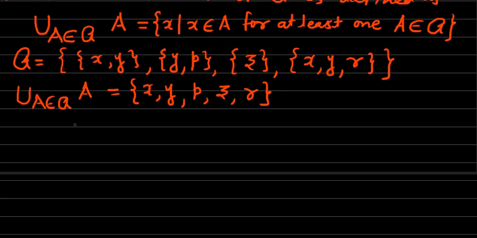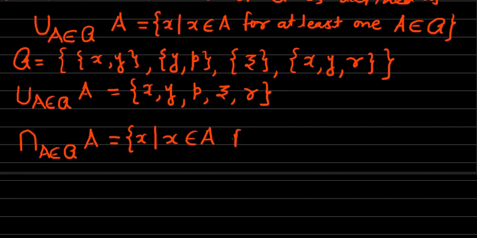It is denoted by the notation intersection of A over A belongs to script A. This is the notation to denote the intersection, and it is the set of all X such that X belongs to A, and this should happen for every A belongs to script A. That means to find the intersection, consider only those elements which are present in each and every set, the common members.